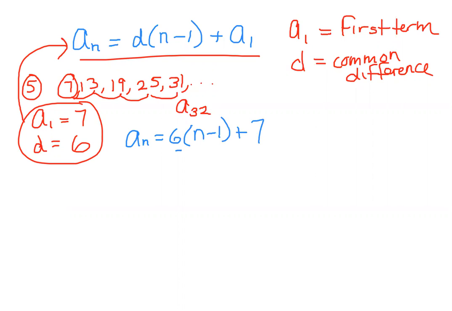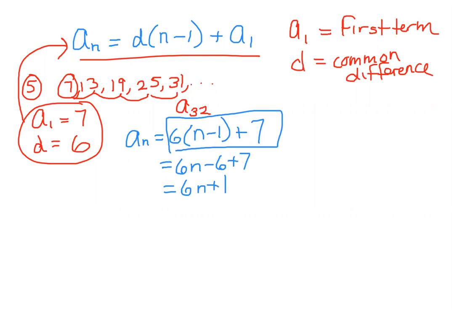And now we're going to simplify this because this is not simplified. So we're going to distribute the 6 and then combine like terms. And we have that AN equals 6n plus 1. That is the answer to the first question where it says write a rule for each sequence.